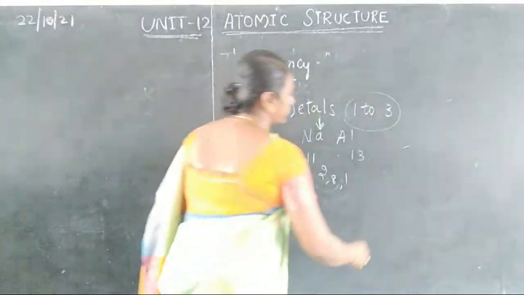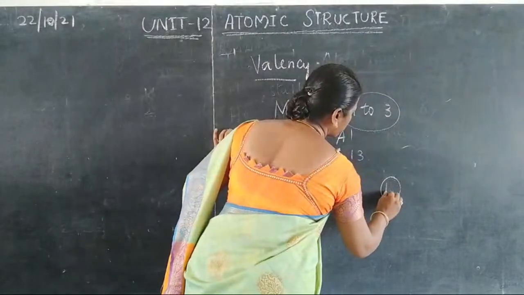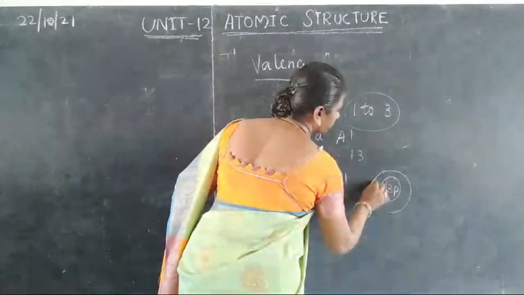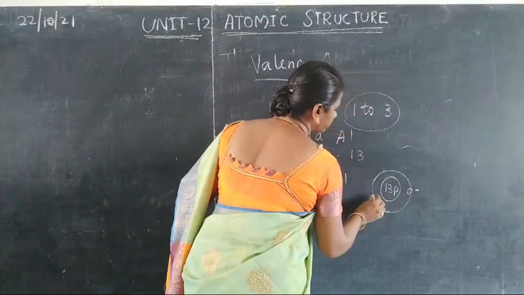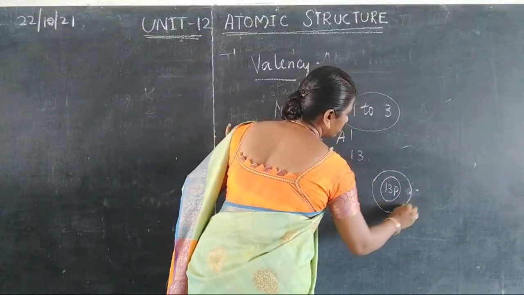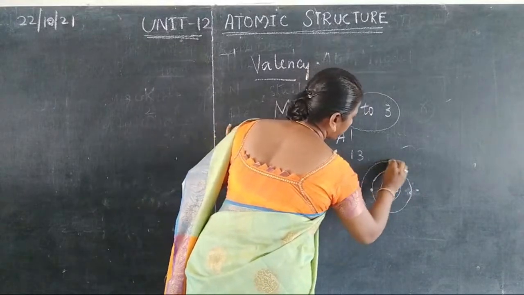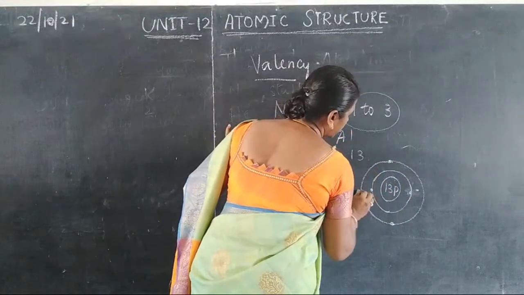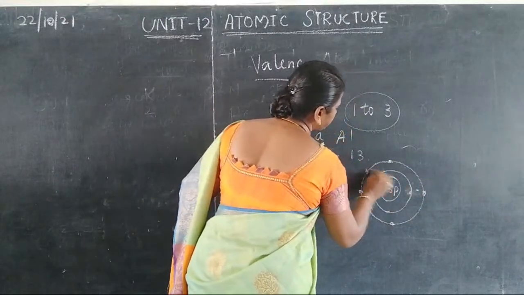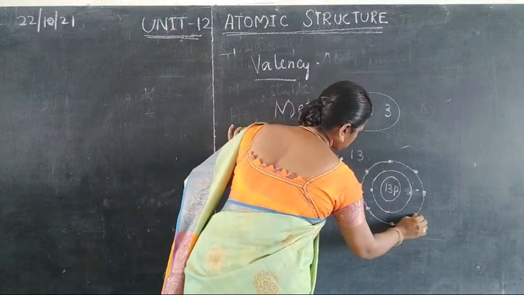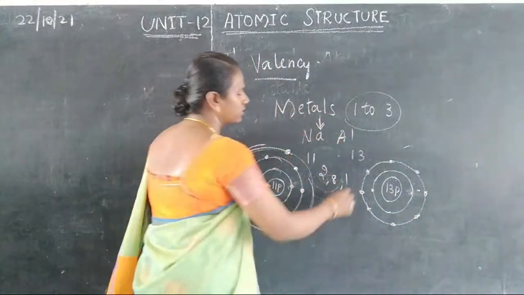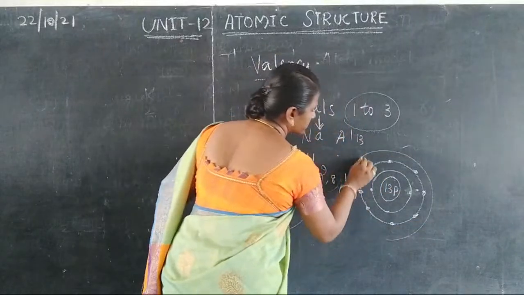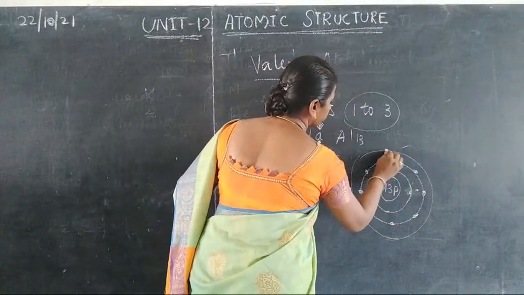And what about aluminum? Aluminum has 13 protons in the nucleus, and the electrons are 2 electrons in the K shell, 8 electrons in the L shell, and the remaining 3 are present in the outermost shell.